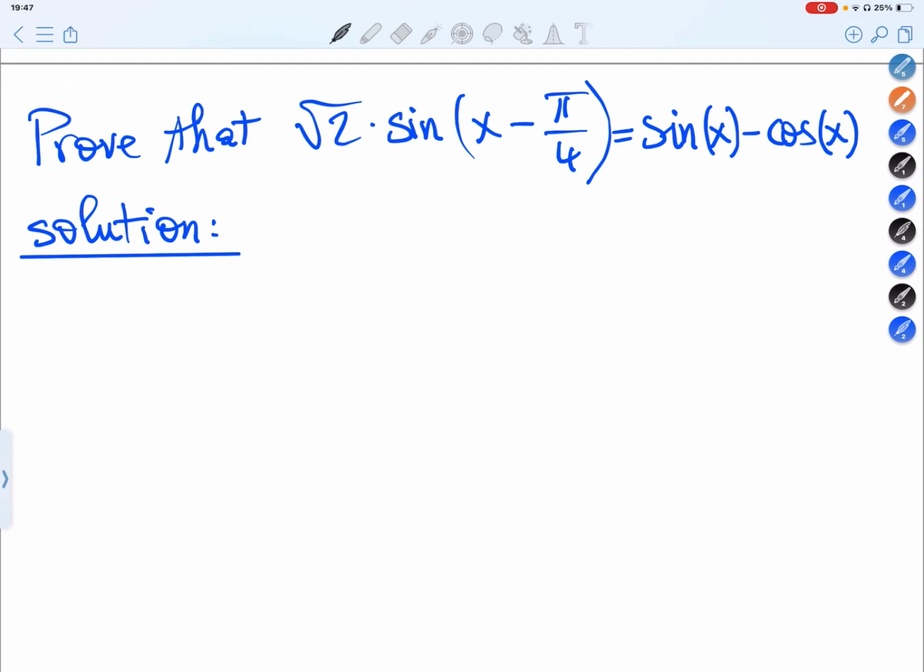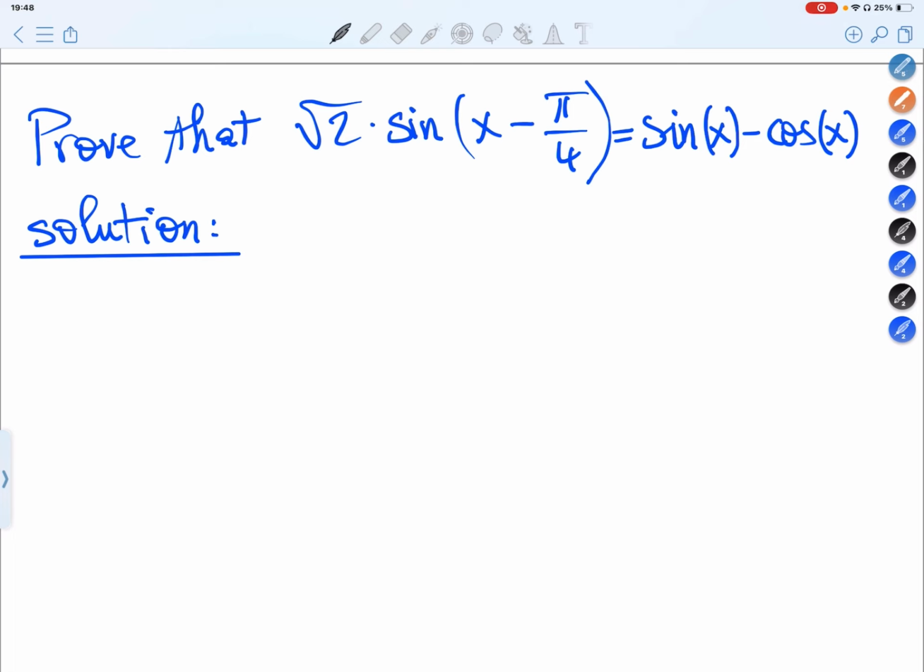Now when we have this kind of proof where we need to prove that the left hand side is equal to the right hand side, what we do is start from one side and our goal is to work out and get the other side.